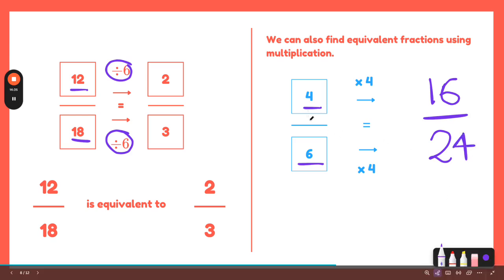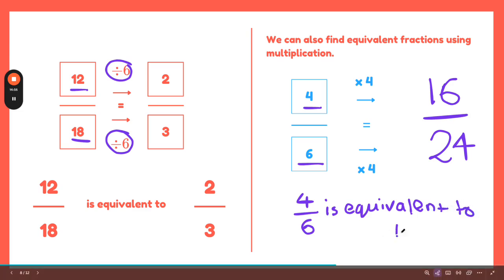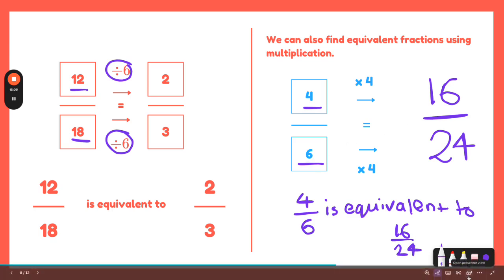So we can also say that 4 over 6 is equivalent to 16 over 24. So both these fractions are equal or equivalent to each other.